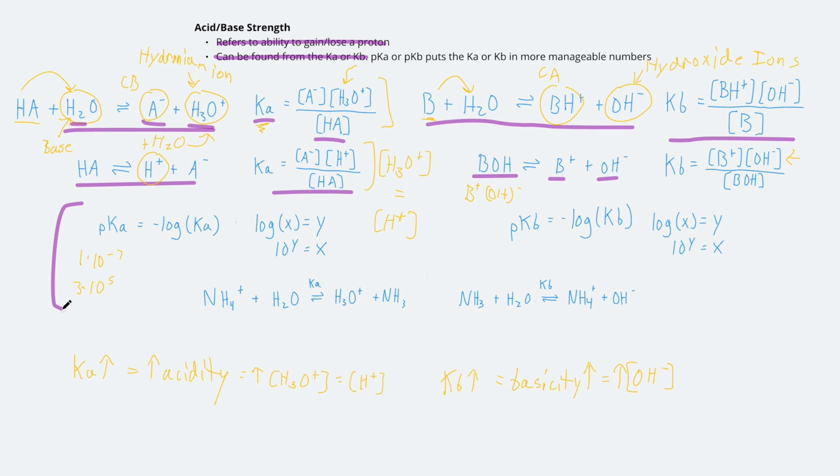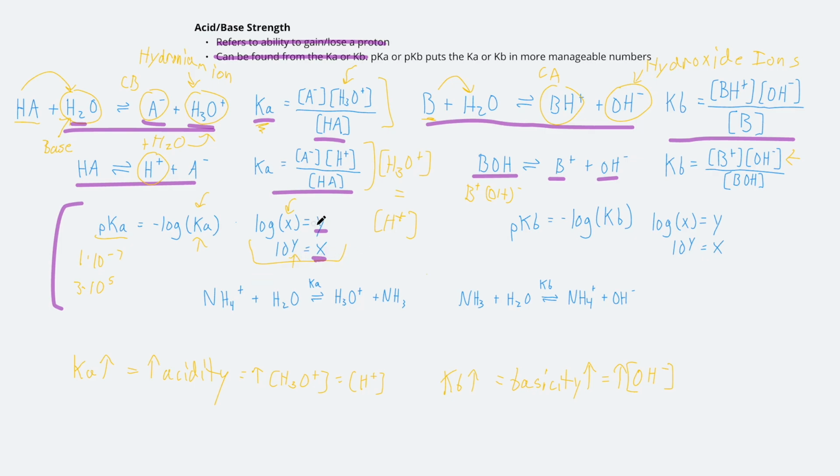So what we do to give us smaller numbers to work with is we take the Ka, put it into this negative log equation, and it gives us the pKa, which is going to be a much smaller number to work with. We'll look much more at how you solve logs in a video about MCAT math, but whenever you're solving a log, apply this approach right here, where whatever is inside the parentheses, so Ka or x, will end up on the right side of the equation, and whatever your log equals, so y, you take 10 and raise it to the power of y.